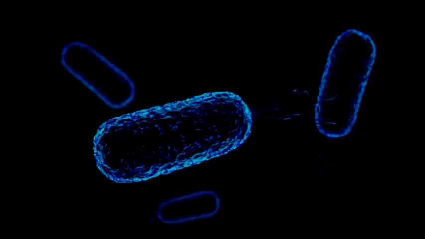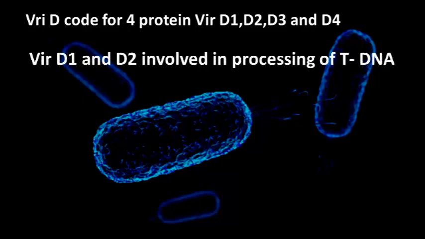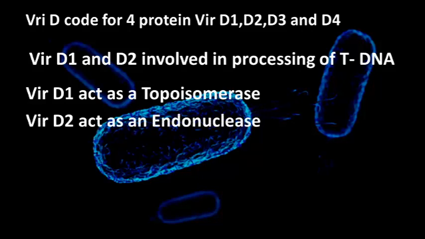VirD. The VirD operon encodes four proteins, that is VirD1, VirD2, VirD3 and VirD4. VirD1 and VirD2 are involved in the processing of T-DNA. VirD1 acts as a topoisomerase to unwind the DNA strand, whereas D2 acts as an endonuclease and nicks the T-DNA at the right border and remains bound to the T-DNA as it is transferred to the plant cell.